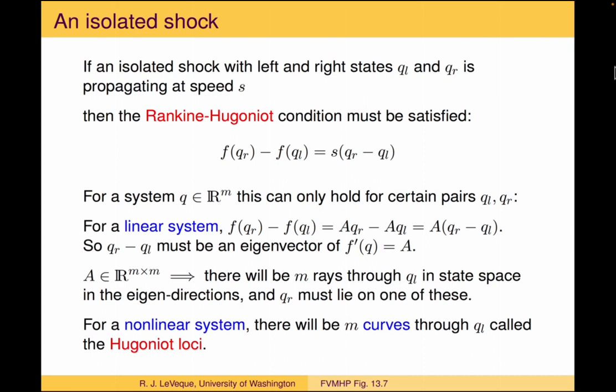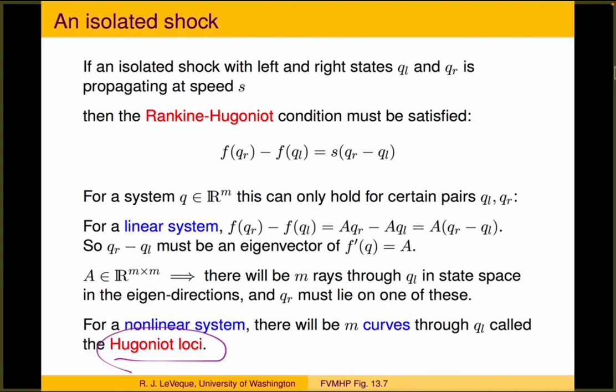You have to find these curves, and these curves are what are called the Hugoniot loci. Loci is just a set of points that satisfy this Rankine-Hugoniot condition. If we fix one point, we look at what other points we can connect to it in phase space with this Rankine-Hugoniot condition being satisfied for some scalar S.